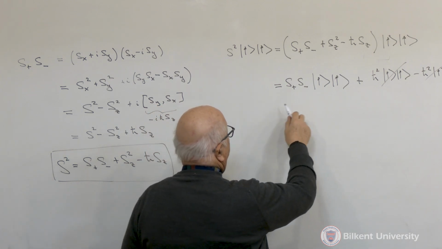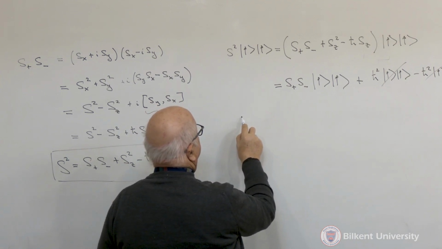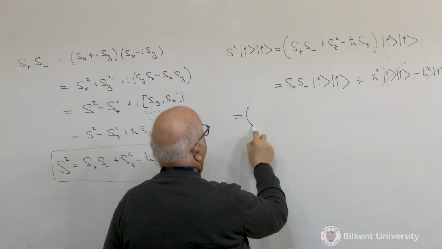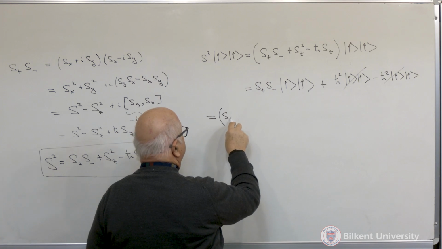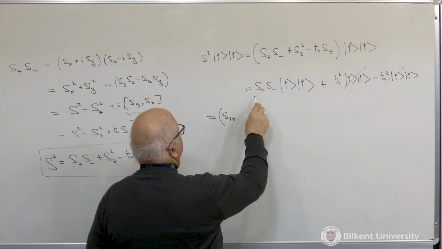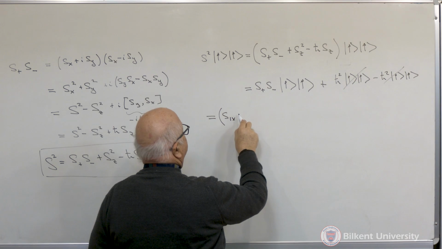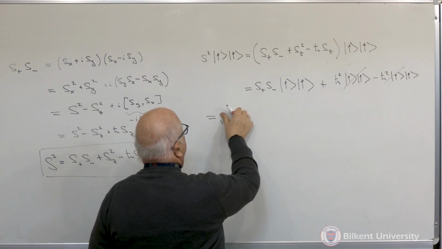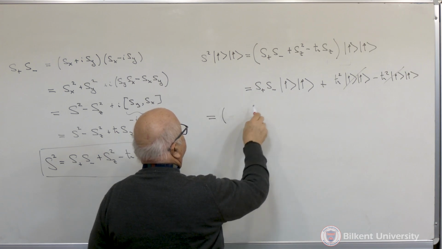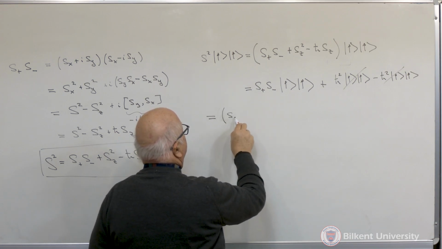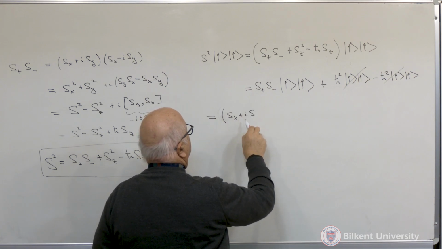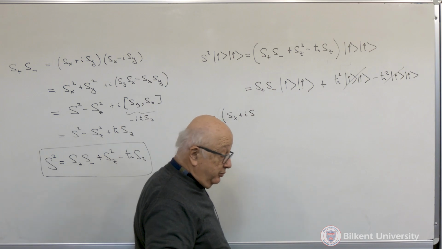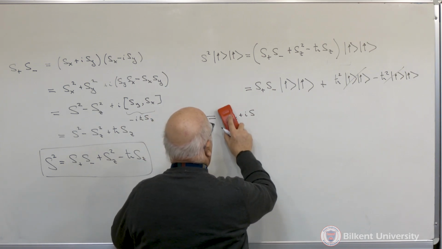And for that, I have no other choice but to expand it. So S plus, remember, is S_1x plus, perhaps I'll do it slowly. I don't want to do it that way. I want the pluses and minuses.